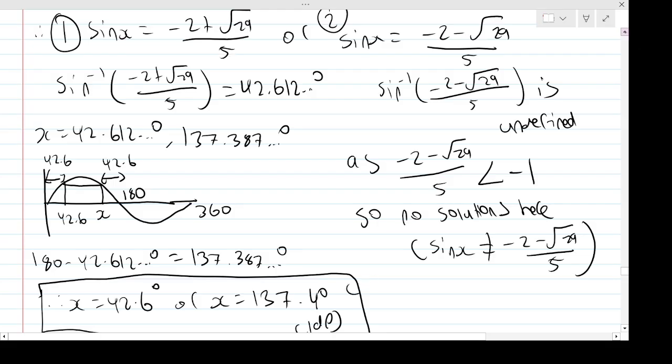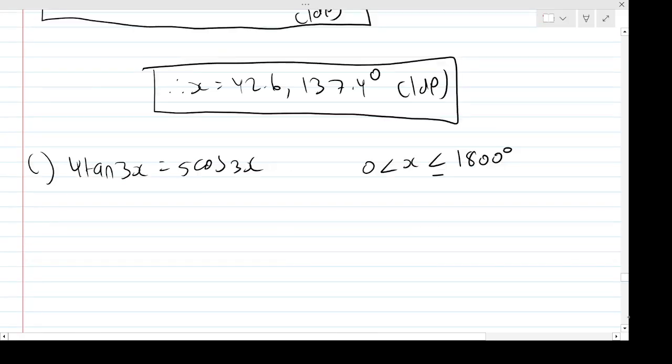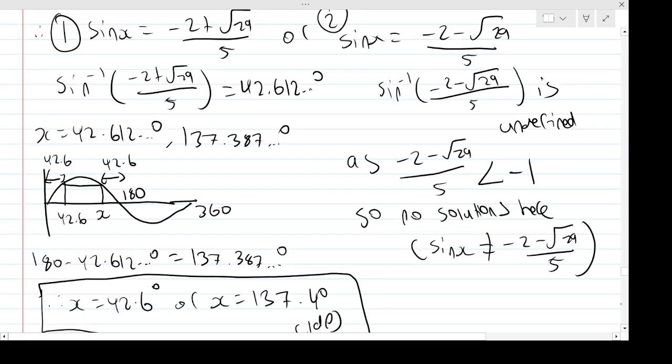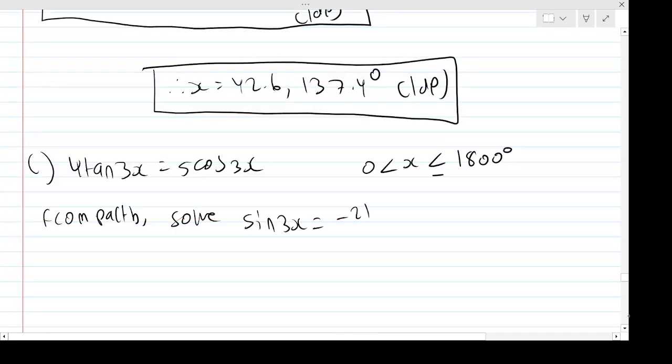So if I recap, instead of sine x = (-2 + root 29) over 5, we would get to solving, from part B, sine of 3x = (-2 + root 29) over 5. Now we don't need to go on solving that, because the question only asks for the number of solutions.